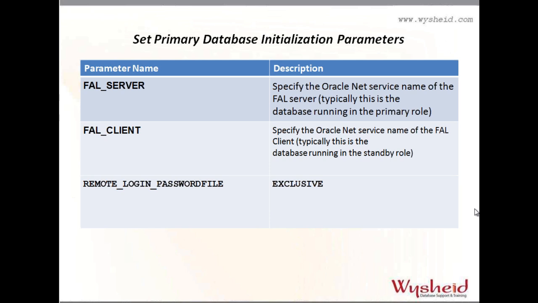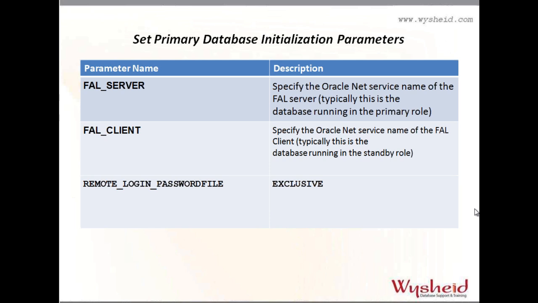In the primary database, we will periodically take backups and delete the archive log files. So for the second standby database, we can set the FAL server as the first standby instance. Are you getting my point?